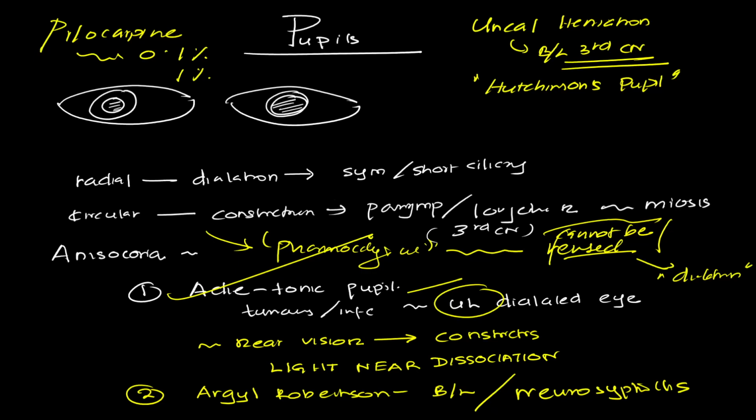Are we clear? Initially, when the uncus starts herniating, when it goes down and comes closer to the brain stem region, it irritates the third cranial nerve, either unilaterally or bilaterally.